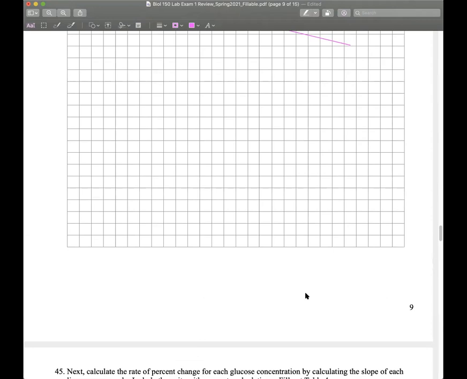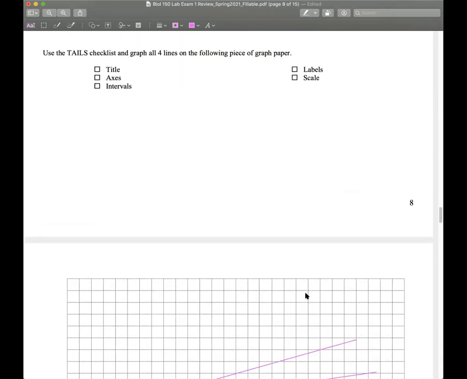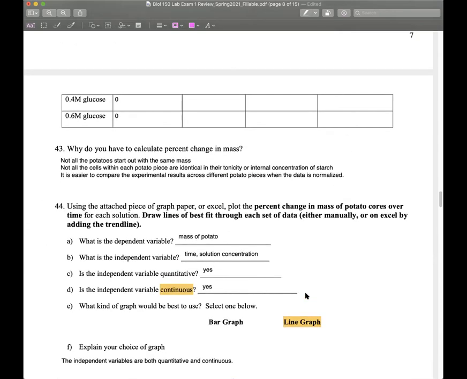Professor, are we going to have access to this document that you filled out? I mean, yeah, I'll make this available. I have no problem with that. I'll save it and maybe send it out along with my link to the recording. Actually, there is an answer key for this review, and I think most of the professors are posting the answer key tonight because this is the last review session.